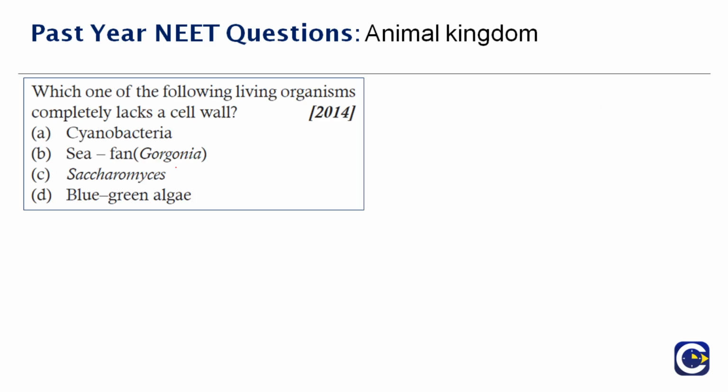Okay, next question here. Which one of the following living organisms completely lacks a cell wall? This is very easy for you to identify, I think. We all know eukaryotic organisms, especially animals, do not possess a cell wall because during unfavorable conditions we are able to sustain and survive.